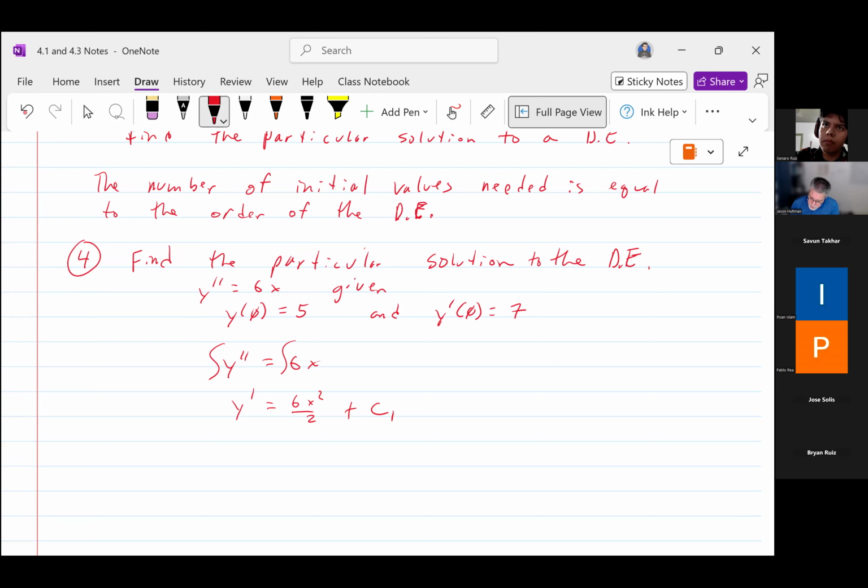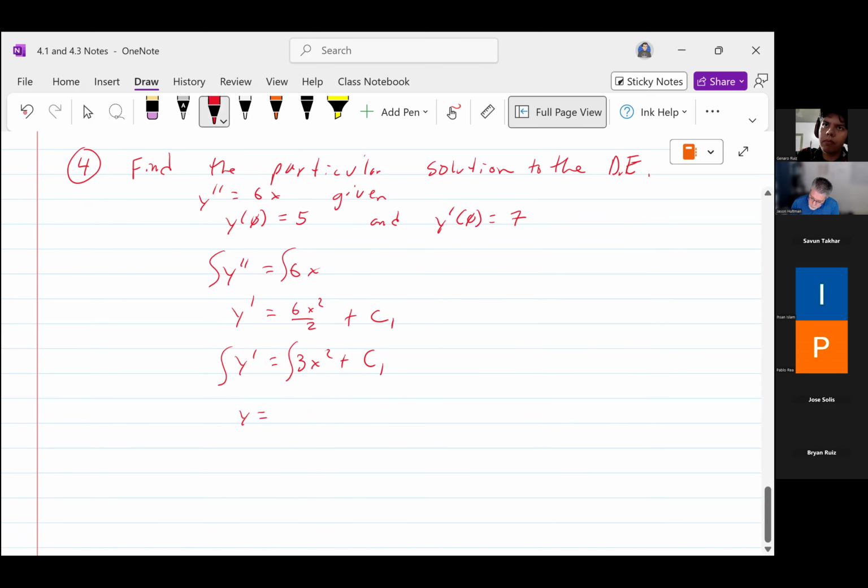Now let's do the same thing. Let's integrate y prime equals 3x squared plus C1. The integral of 3x squared is going to be 3x cubed over 3 plus C1x plus C2. So y is equal to x cubed plus C1x plus C2.